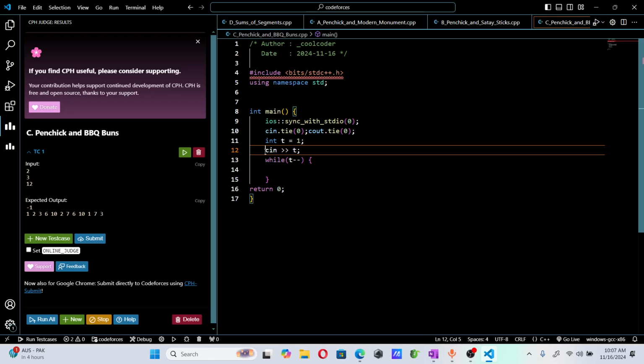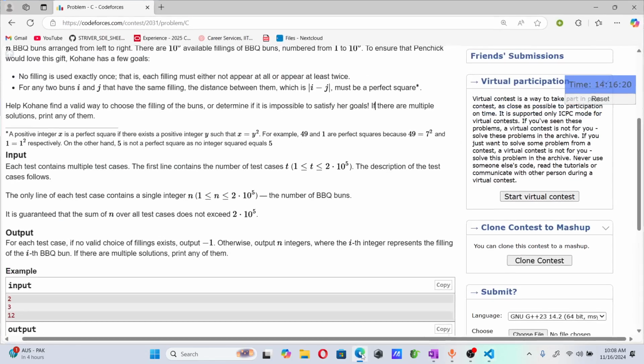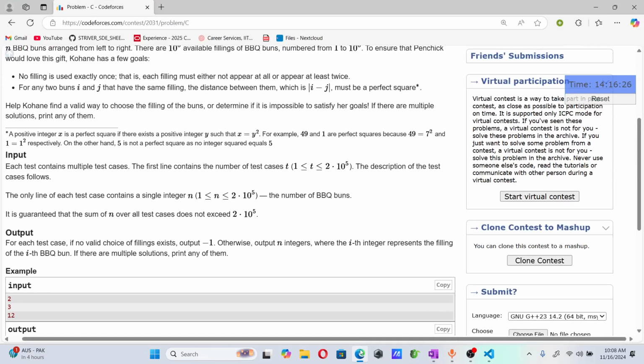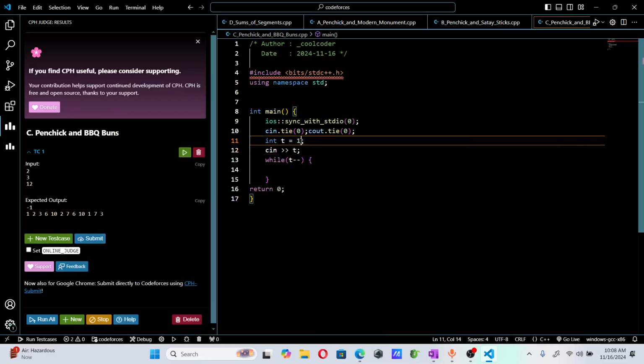Is there a T? Oh, there is a T. T is not one, no? No, it's not one. And the sum of n should be less. Okay, nice. So you run this.